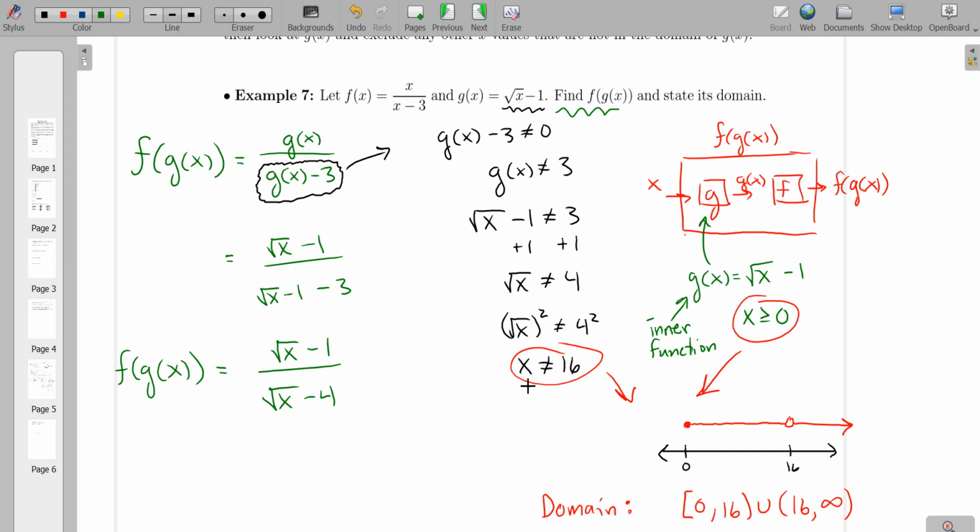And by the way, another approach to this is just to look at the simplified version and note where problems arise. So you can see if you let x be 16, then you're in trouble, right? So this simplified version would have also led to that equation for us to solve. So there's our simplified f of g of x, and here's our domain.